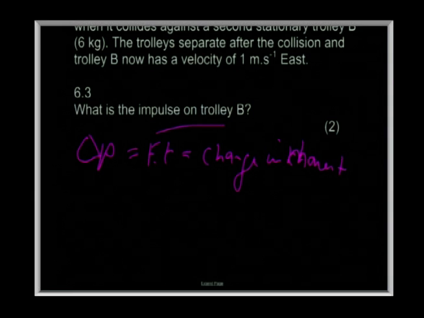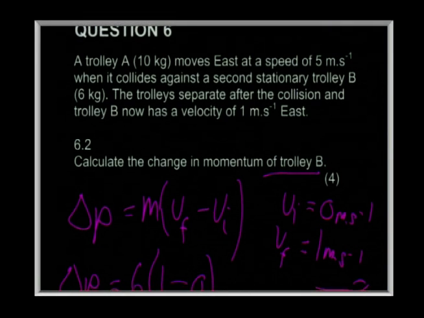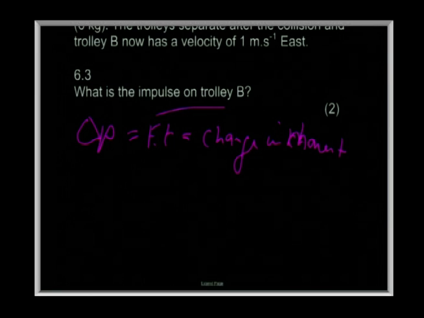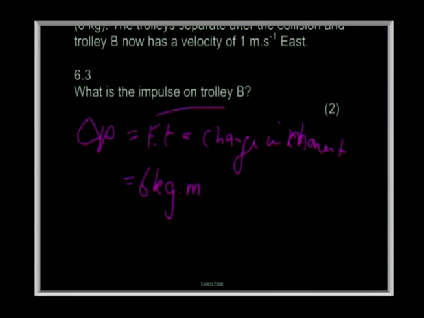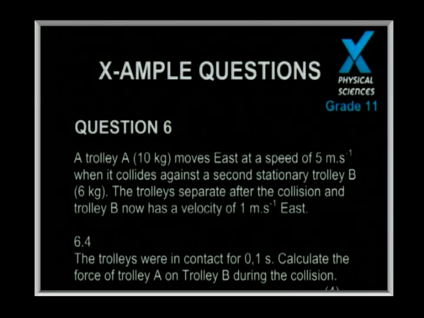So if I look at that carefully, it said calculate the change in momentum of trolley B, and here, what is the impulse on trolley B? And the impulse is exactly that. It's 6 kilogram meters per second to the east. Now remember that it's still F delta T.